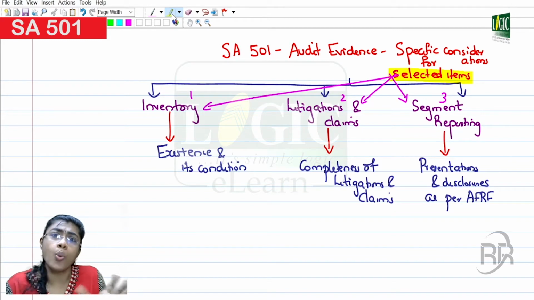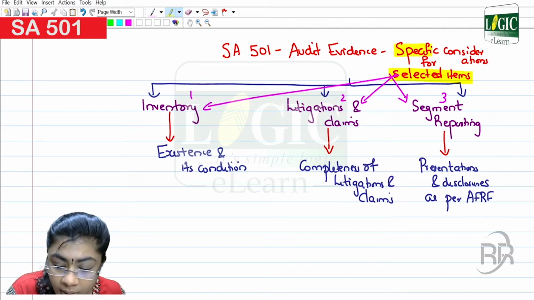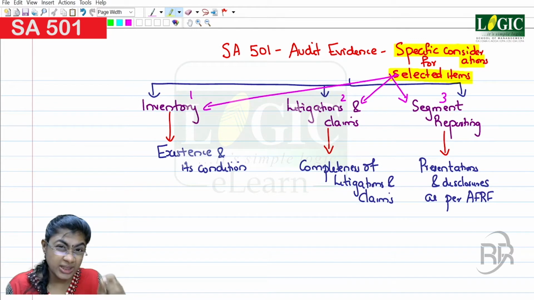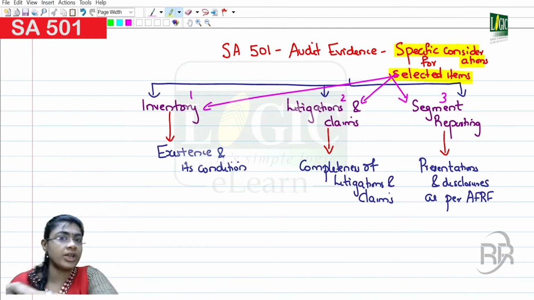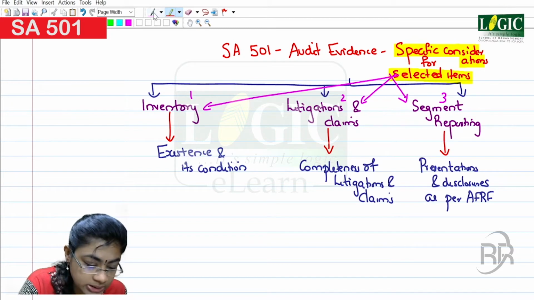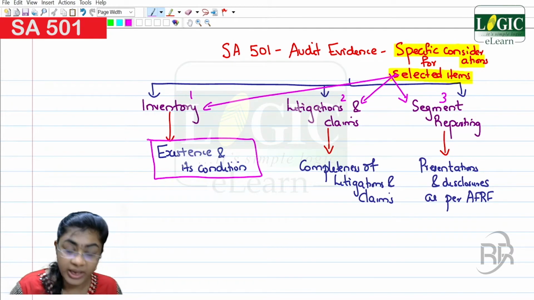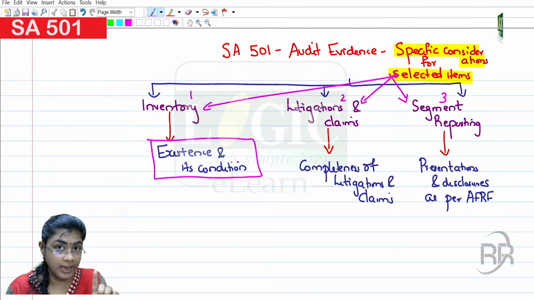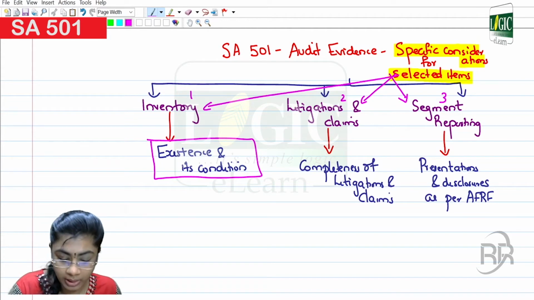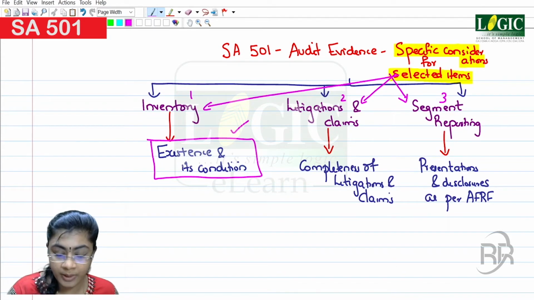Or regarding what are you going to obtain audit evidence? We are going to obtain audit evidence regarding these 3 selected items, specific considerations. The specific consideration is this: whether the inventory is in existence, and if so, its condition is proper. This is the specific consideration for inventory.